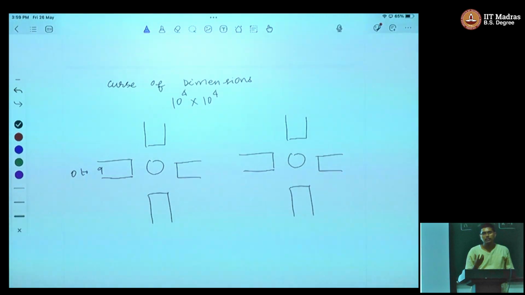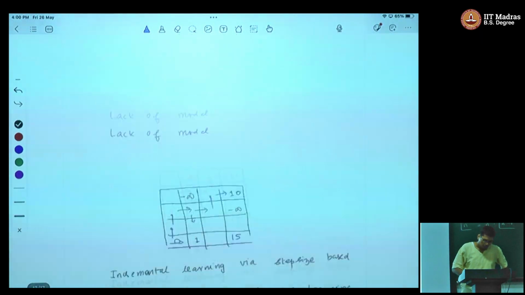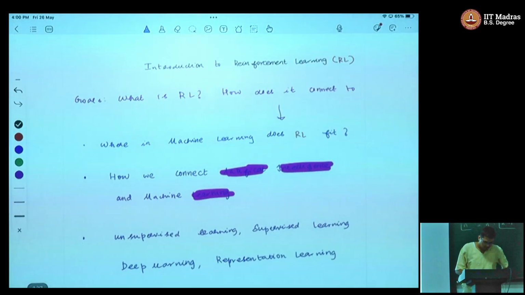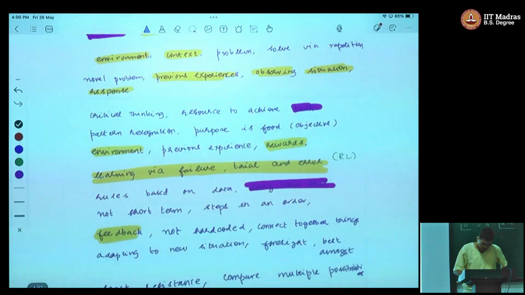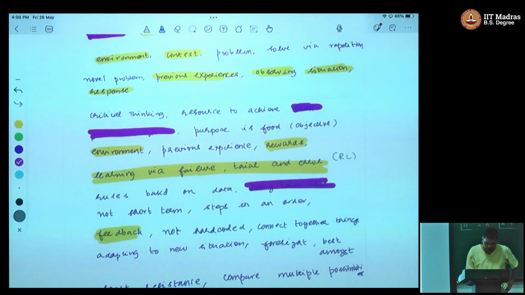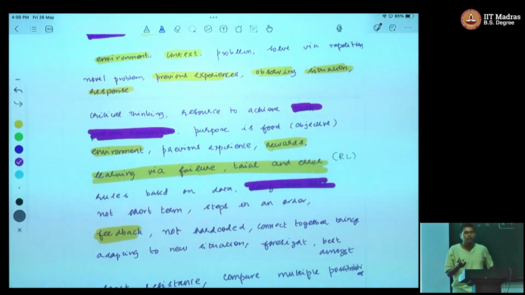So, there is what is known as the curse of dimensionality, which means for each and every state you will really not be able to find out what is the right action, which is where you have to do pattern recognition, right. So, you have to find the commonality between states. You should have a way to react to situations based on their similarity.